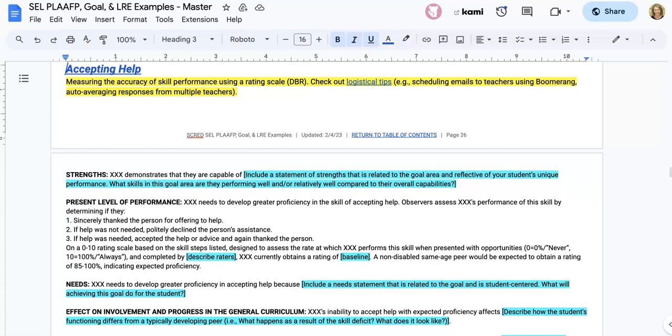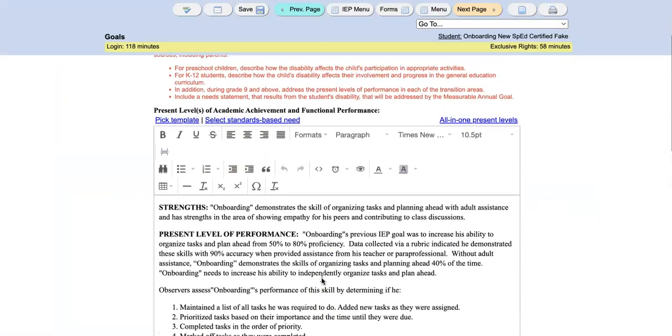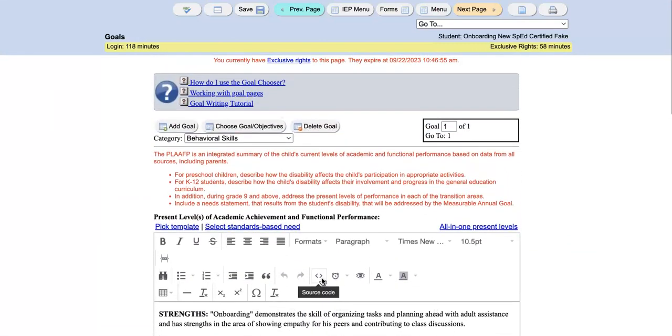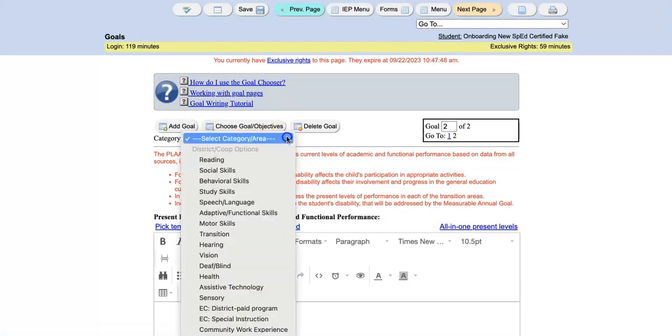And so in this goals page, you can see that for onboarding, I already worked on a goal here. So I'm going to add a goal for accepting help. I choose this option here, add a goal, and then the category that I'm going to select is behavioral skills.